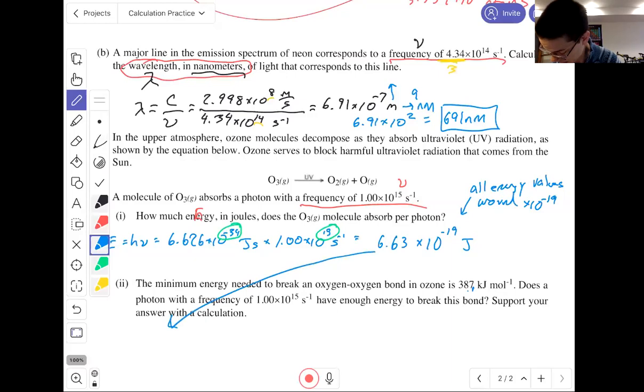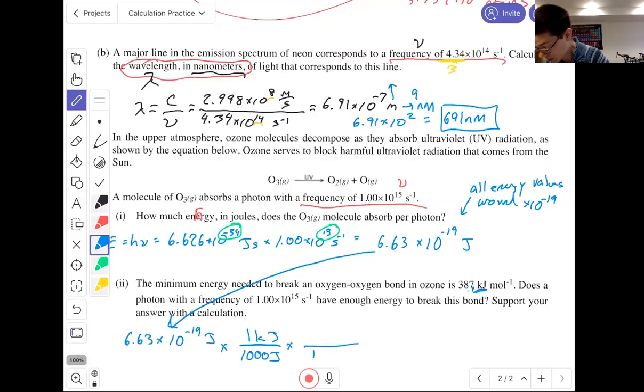So if I had 6.63 times 10 to the -19 joules, I need it to be in kilojoules. So there's 1,000 joules in 1 kilojoule, but I also need it to be per mole. So I need 1 mole in the denominator.